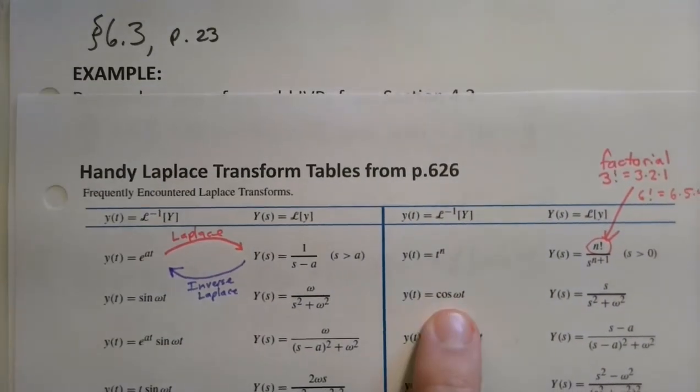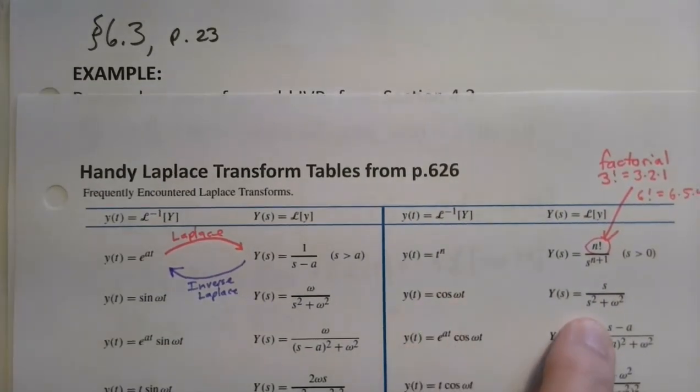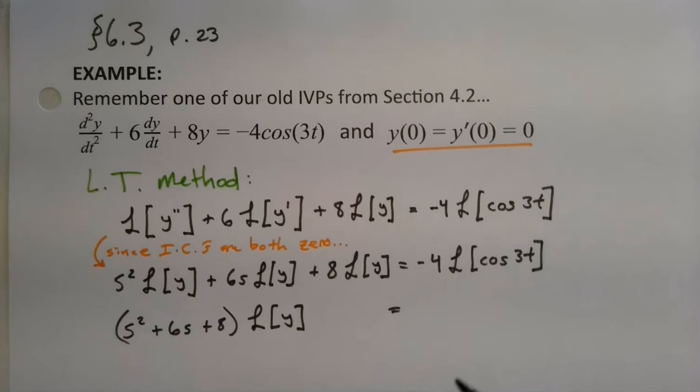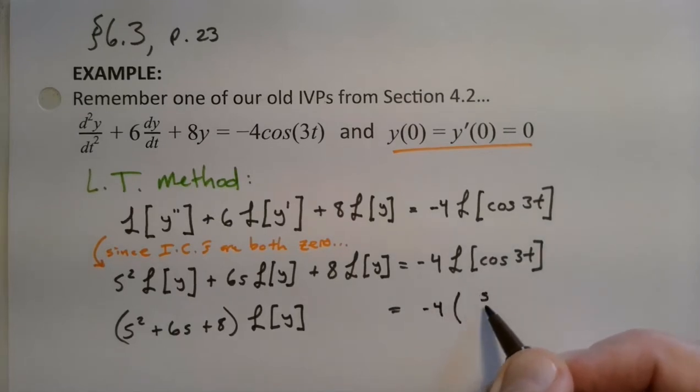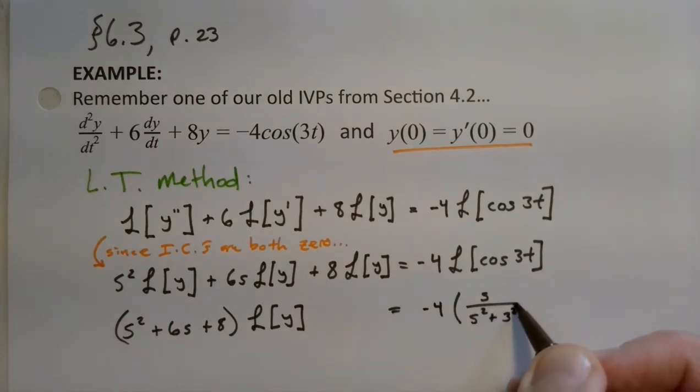Cosine 3t is going to be s over s squared plus 3 squared. So this is going to be negative 4 times s over s squared plus 3 squared, or you can write 9 if you wanted to.